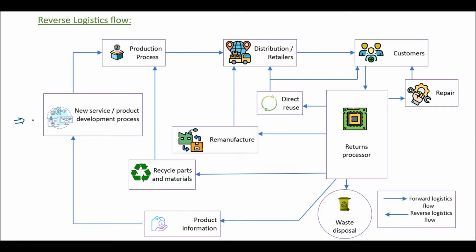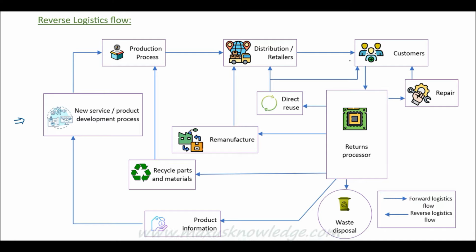As the requirement is received from the customer, the new product or service development process initiates where they start designing the new product. From here, the design and specifications are sent to the production process, which is here. The manufactured products are then sent to the retailer through the distributor and eventually transported to the customer.